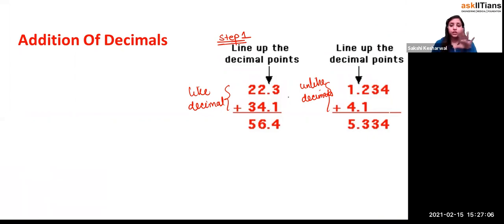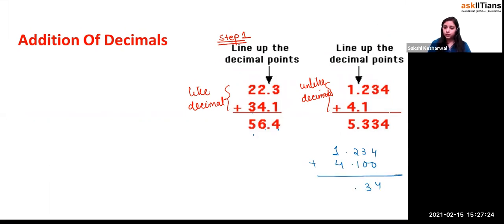It's like the same addition. 3 plus 1 is 4. 2 plus 4 is 6. And 2 plus 5 is 7. Now over here this is unlike, so you convert unlike to like. It is 1.234, and this is plus 4.100. Now 4 plus 0 is 4. 3 plus 0 is 3. 2 plus 1 is 3. The decimal point comes straight down. So it will be 5.334.